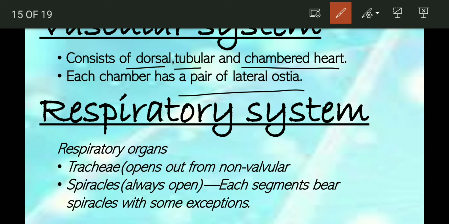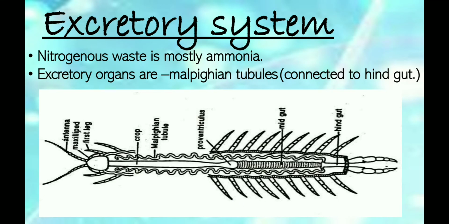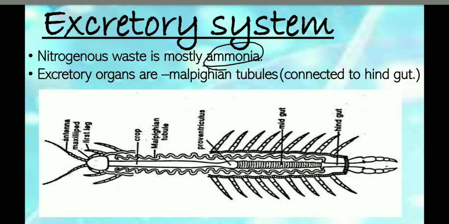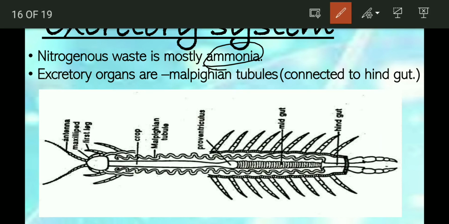Tracheae open out from the spiracles, which are non-valvular and always open, and each segment bears spiracles with some exceptions. Next, moving on to the excretory system, their nitrogenous waste is mostly ammonia. They are ammonotelic animals. Excretory organs are Malpighian tubules, right? Malpighian tubules are their excretory organ, which is connected to the hindgut.